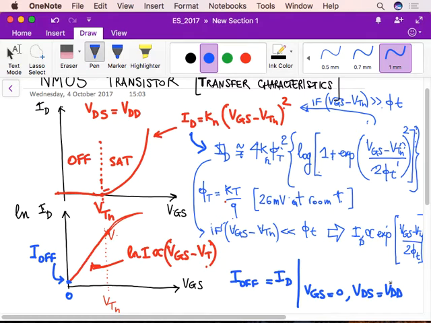For example, when the output of the inverter is high, the Nmos has a drain to source voltage equal to VDD and a gate to source voltage equal to 0. This is an important quantity because the power consumption in static condition is going to be proportional to the off current.